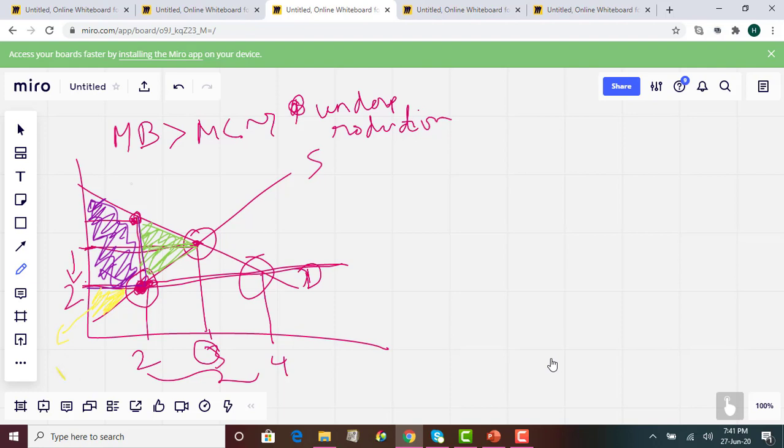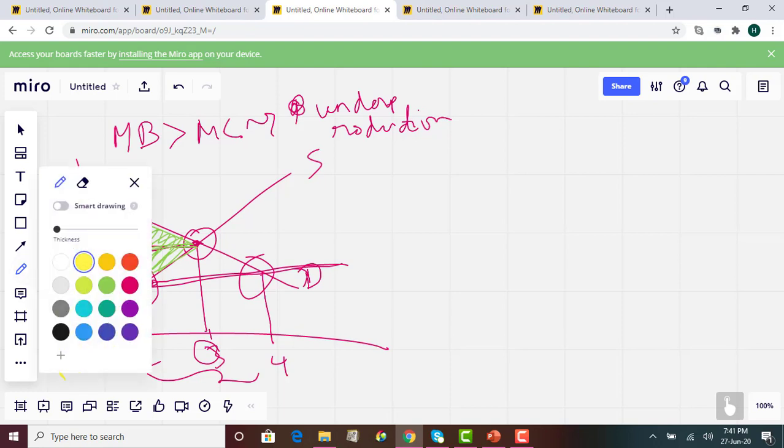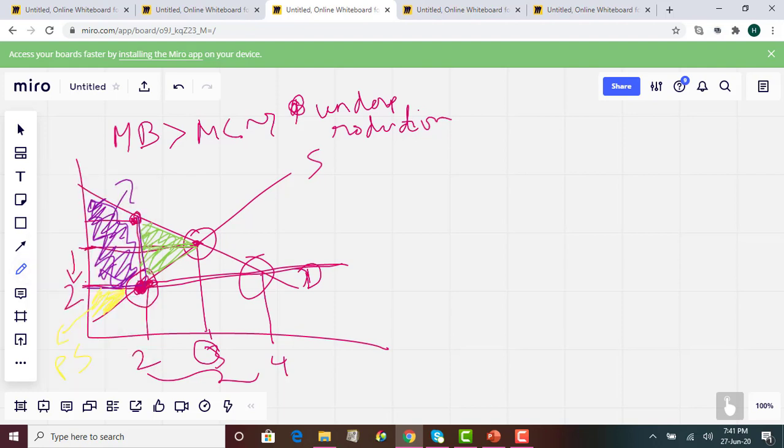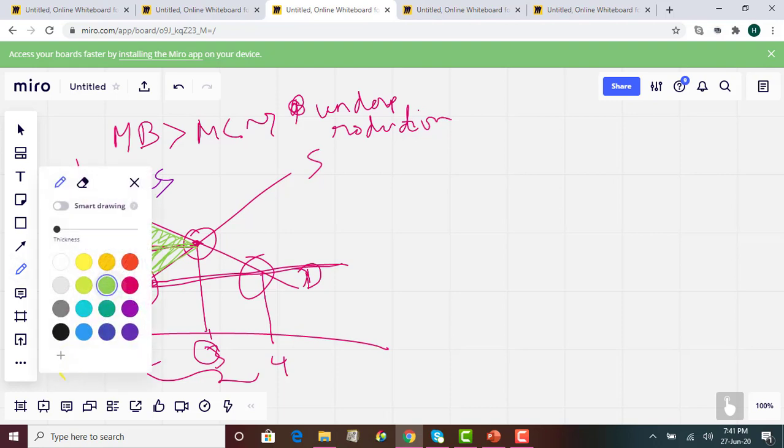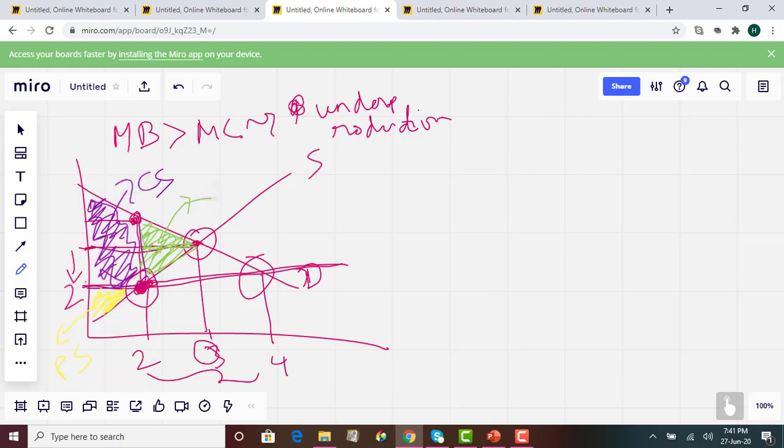So this is producer surplus, this is consumer surplus, and this is your deadweight loss. Basically we are losing output because the market is not in equilibrium. The green portion represents deadweight loss, the purple portion represents consumer surplus, and the yellow portion represents producer surplus.